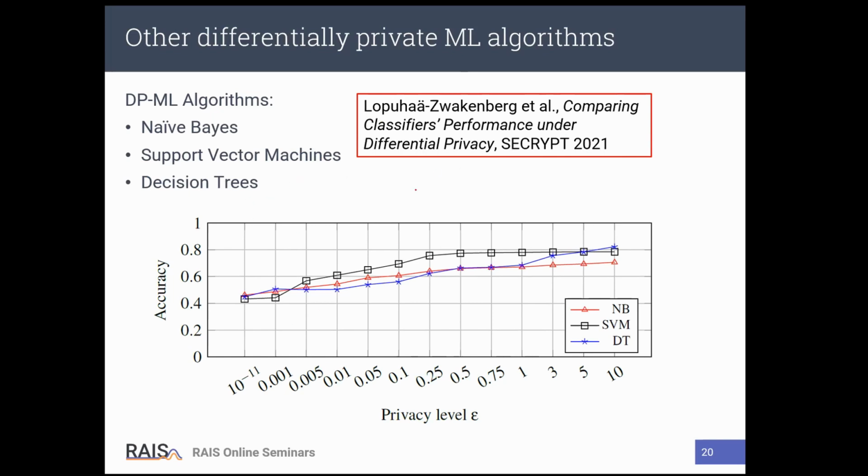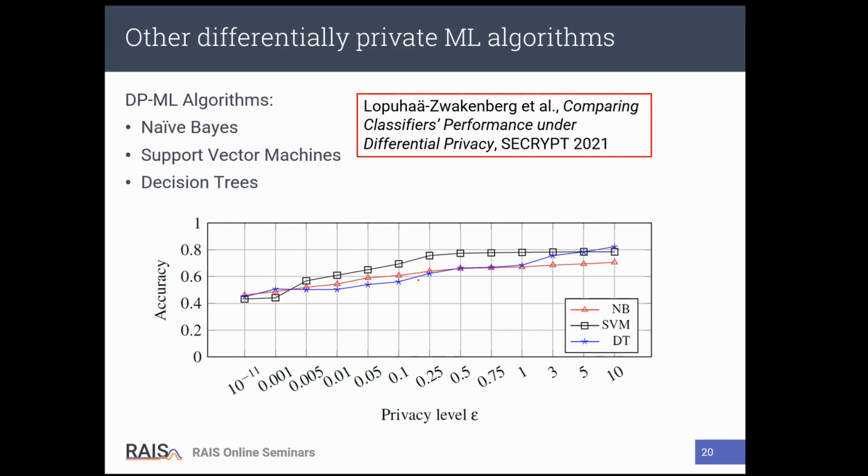And of course, you can see that the main result is that, as expected, when you have a very high level of privacy, the accuracy that you can get is very low, because you introduce too much noise in your data, and you make it completely unusable.